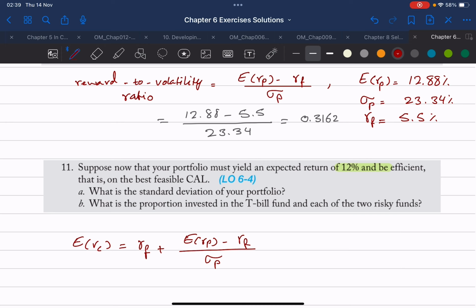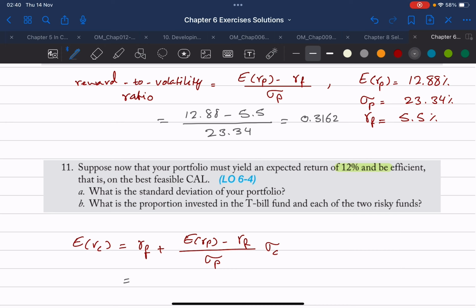Okay, and then multiply that by the standard deviation of the complete portfolio. All right, notice how this is identical to the reward to volatility ratio, which we have already calculated here. Okay, so now using that fact, we don't really need to calculate it again.